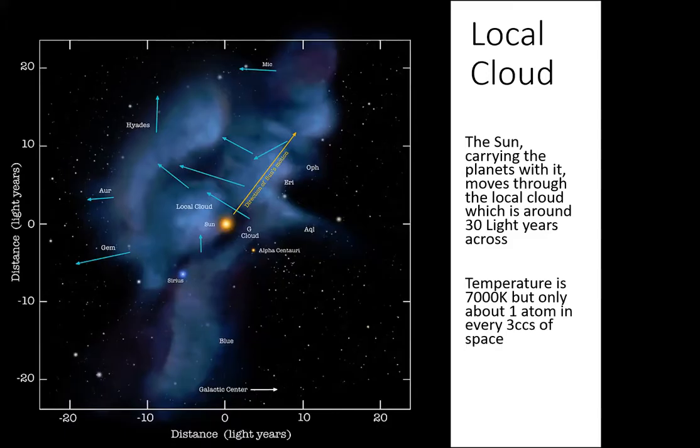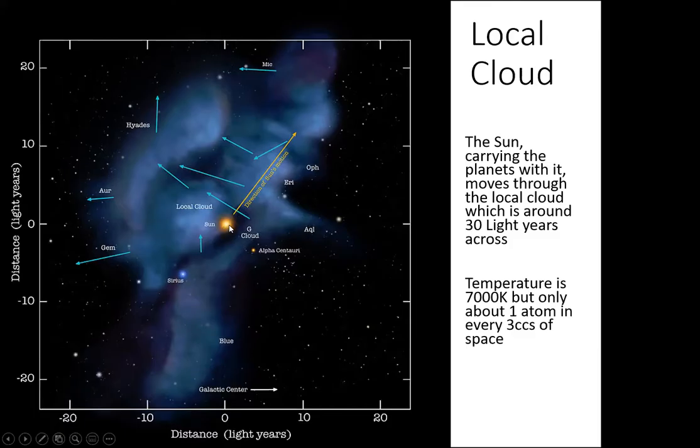And this is a little diagram of some of those clouds that are surrounding us and our neighboring stars. So a map on a scale that you might not see very often. It's 20 light years in either direction, with us in the center.